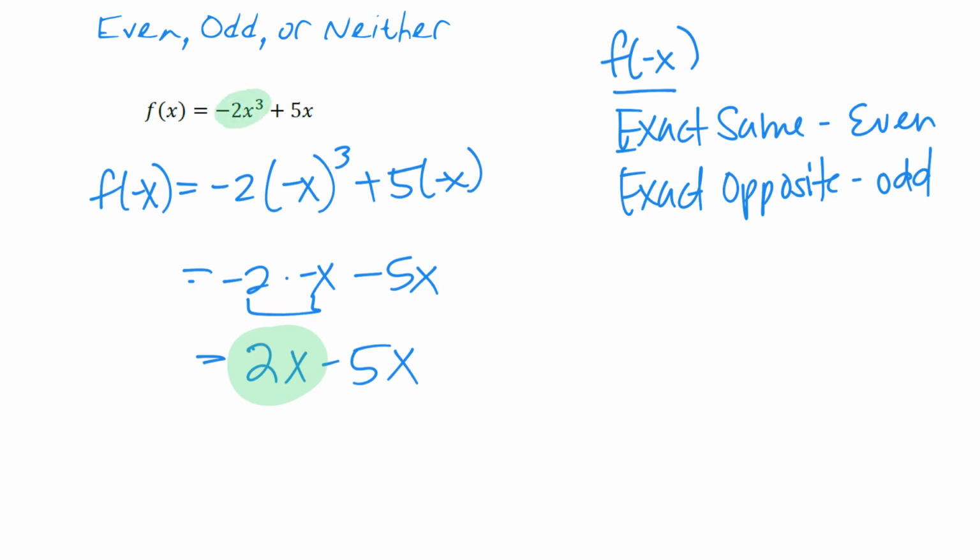It's negative here, so this should be cubed, sorry. And my 5x term is negative, and it's positive in the original, which makes this even, odd, or neither. Which one? It's definitely odd.